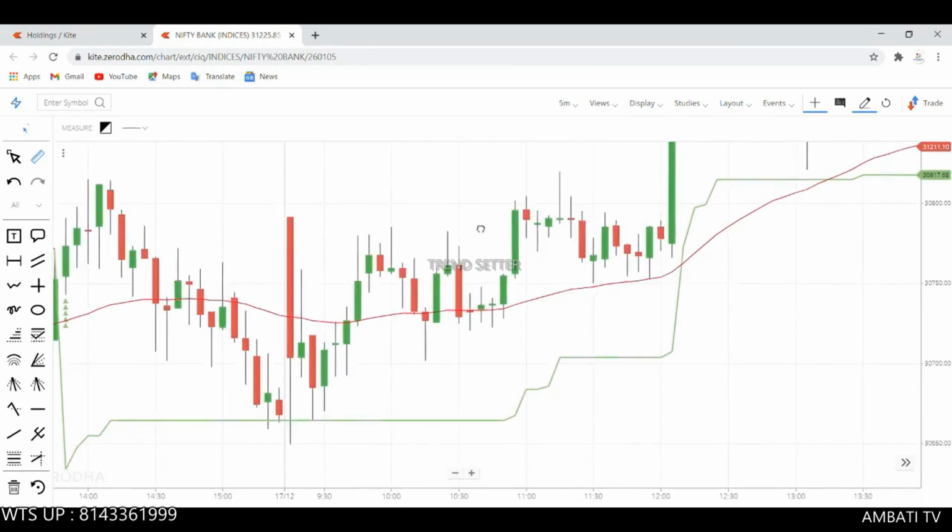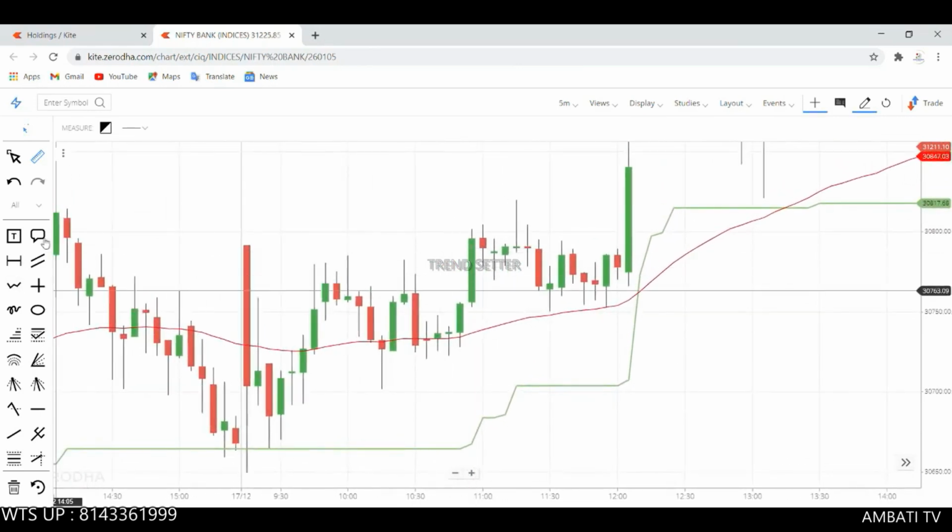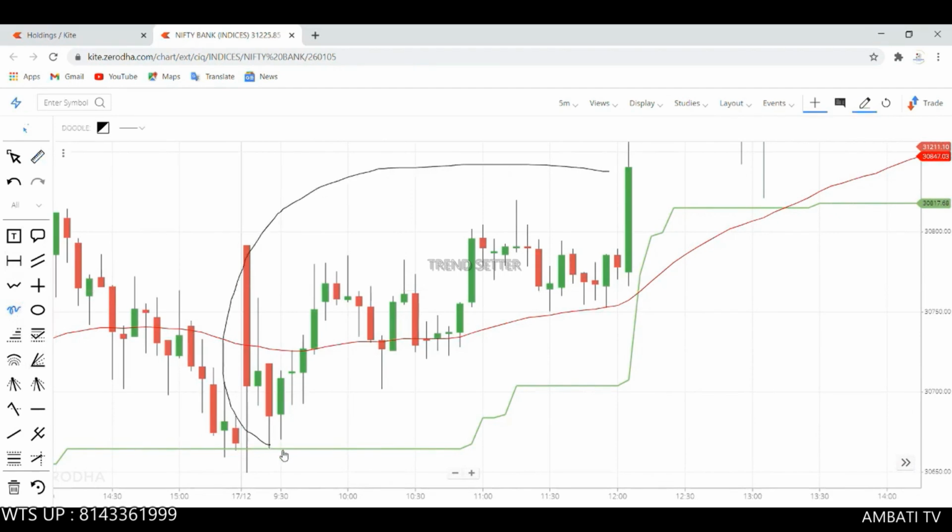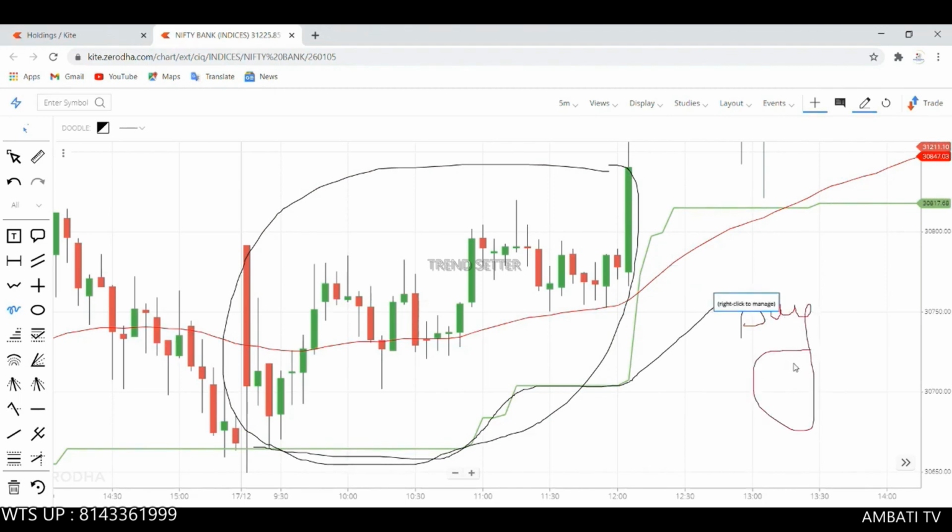Can you see over here? First of all, I will see that the trend is an uptrend. The trend is an uptrend, so I will look for buys and ignore all the sell entries.